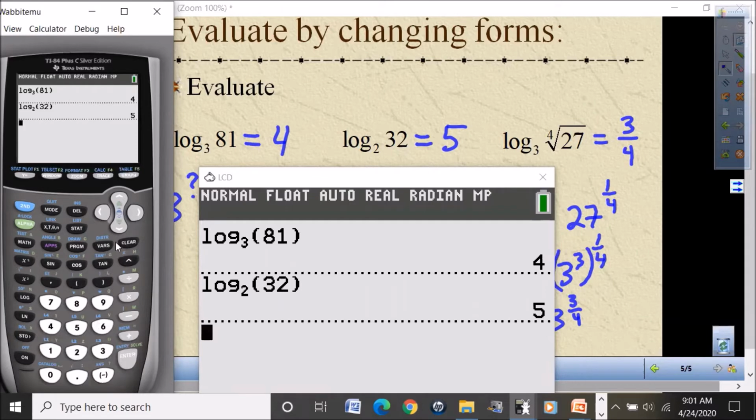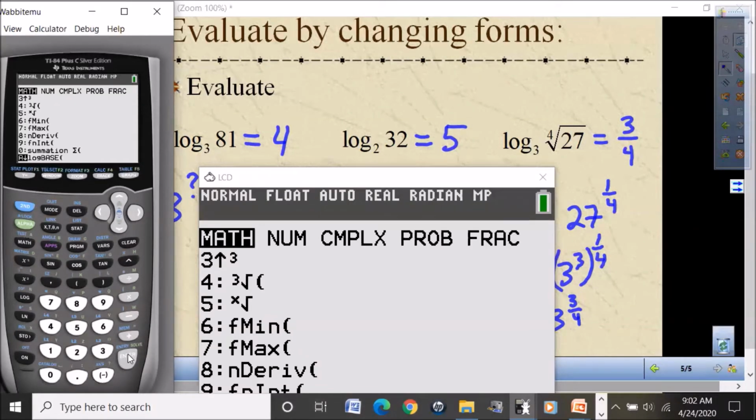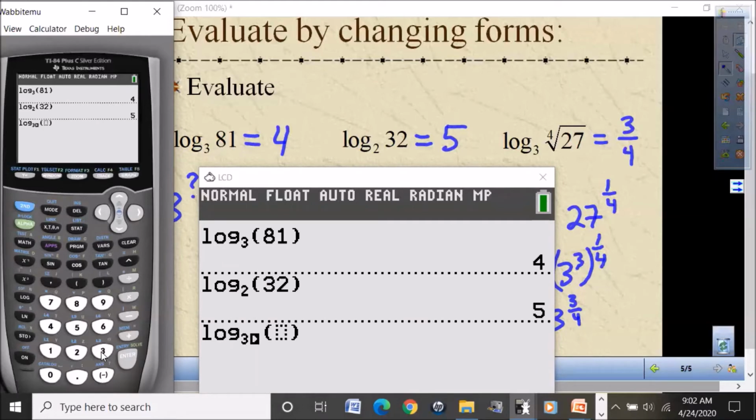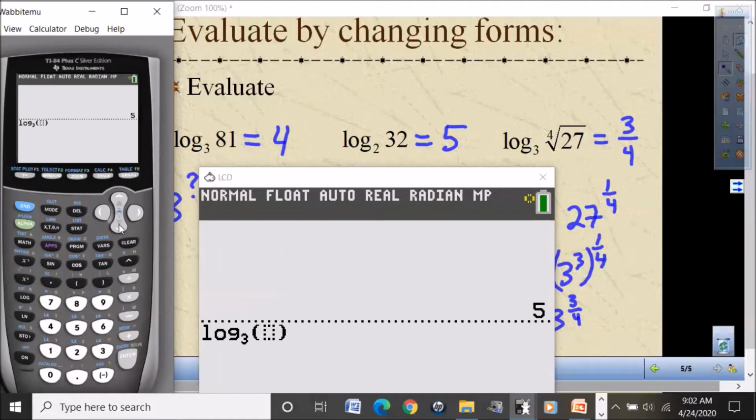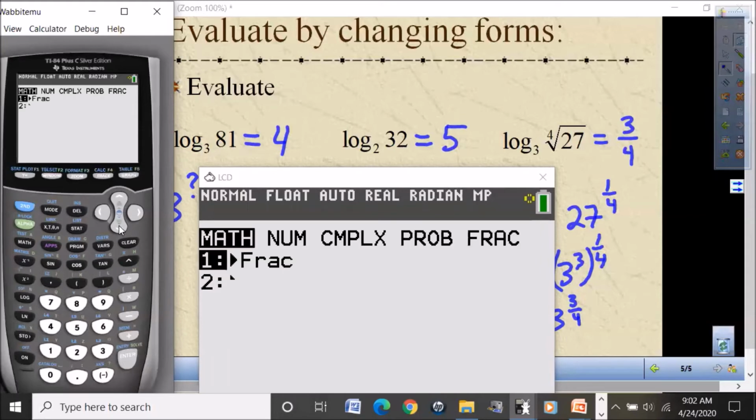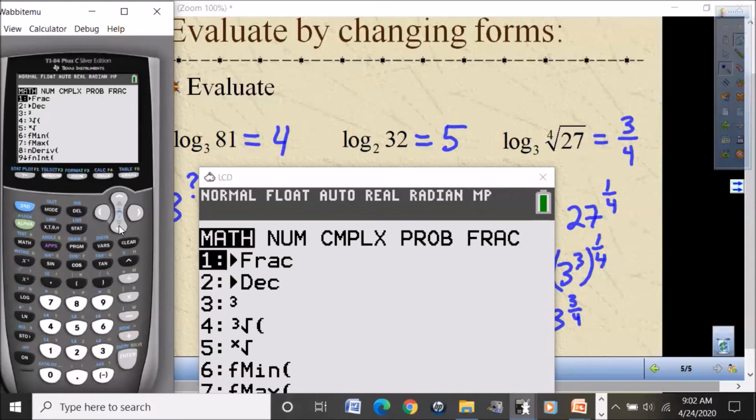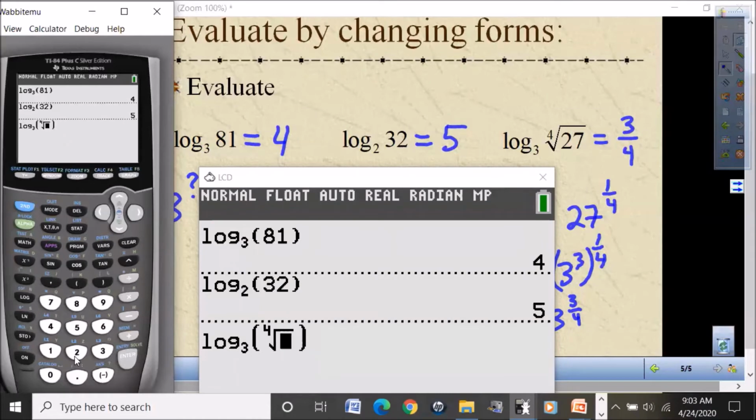Finally, our third example, we hit the math button and work our way down to log base, fill in the base of 3, and now we have to do the 4th root of 27. Well, we can go back to the math button, and number 5 shows a root where we can fill in the index of that root, the 4th root of 27.